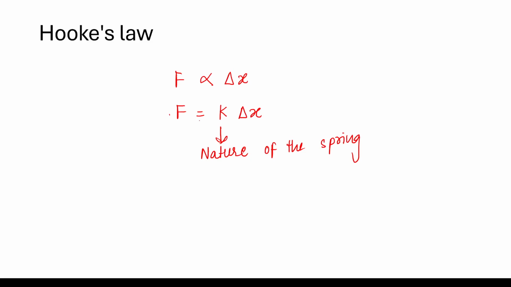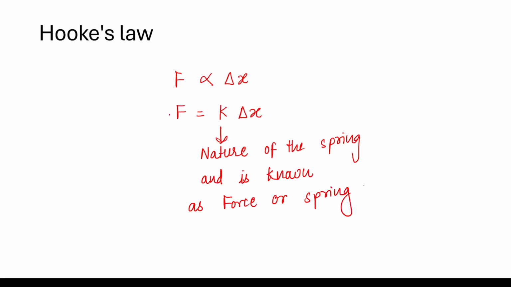A loose spring, the kind which you have in your pens, would have a smaller K. The kind of spring which you have in the shock absorbers of a vehicle, a car or a motorbike, would have a very large K. So it depends on the nature of the spring and is known as force constant or spring constant.